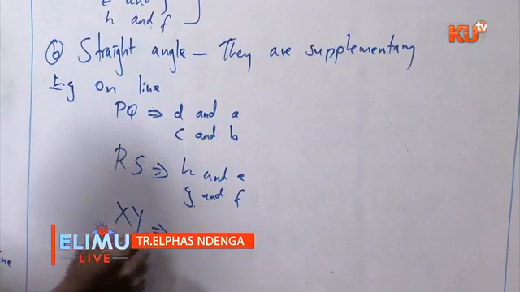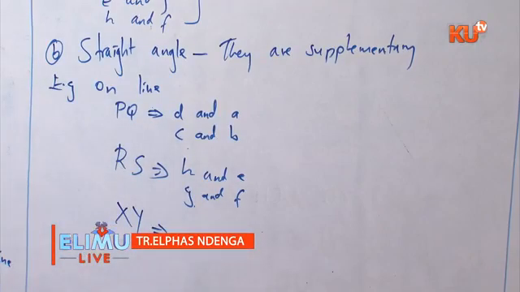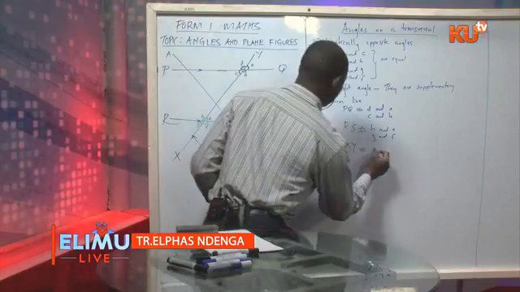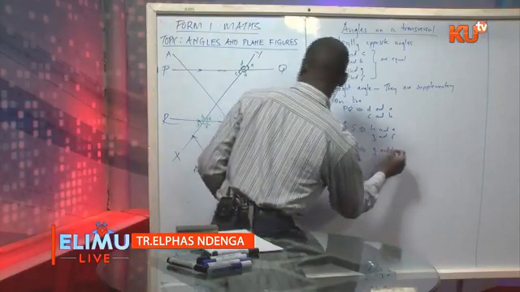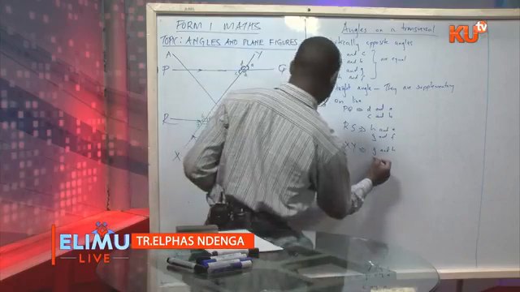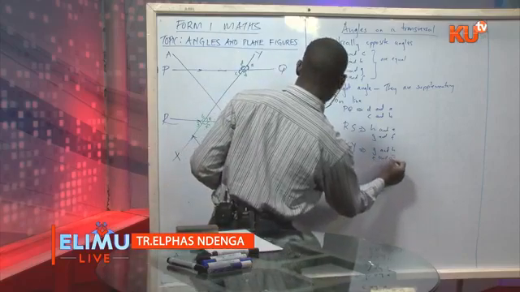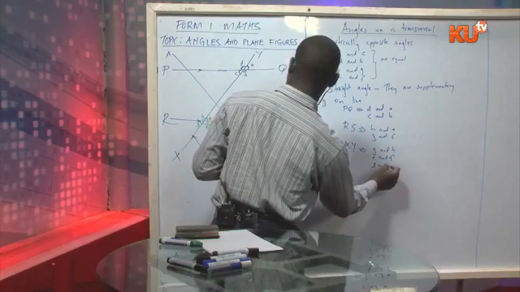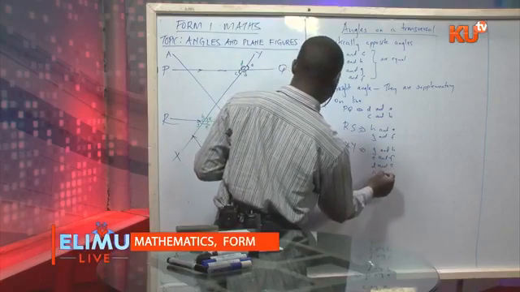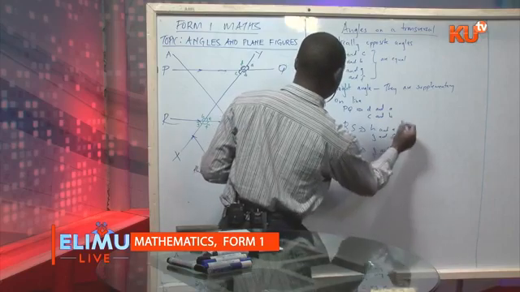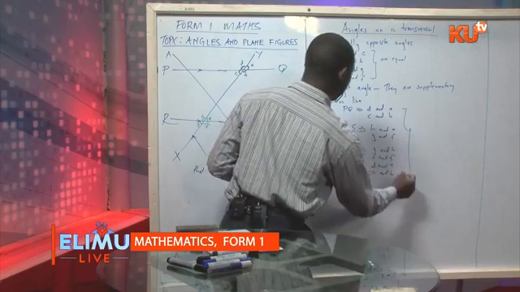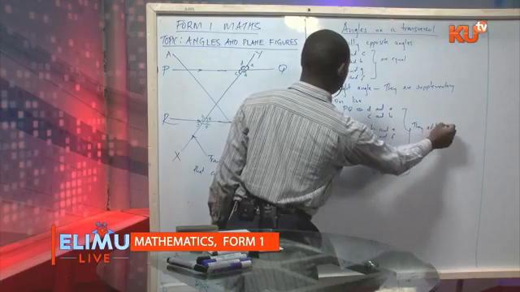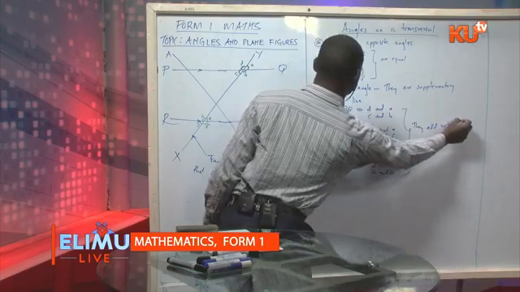If we consider XY, which is the transversal, then we have the angles G and H, E and F. At the other side, we have D and C, then A and B. So this set of angles are supplementary, and they add up to 180 degrees.